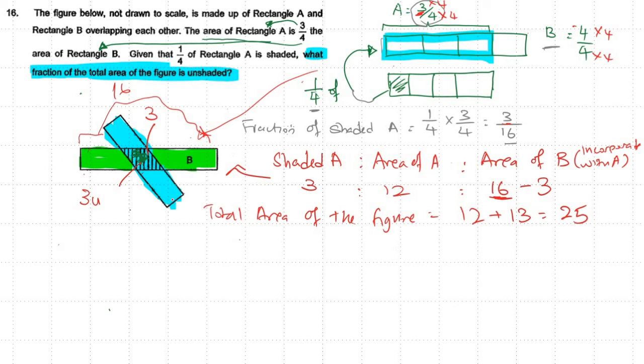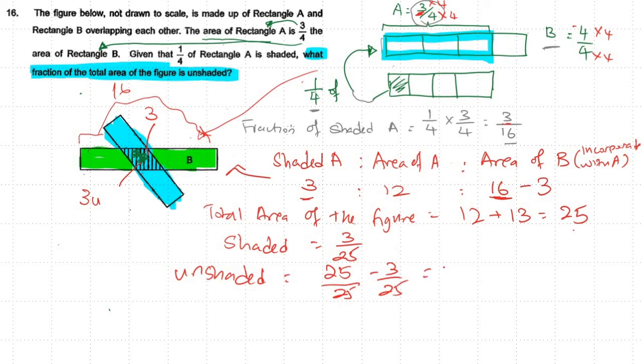Okay, this whole figure as one body is 25. So shaded is actually 3 over 25, because here is 3 and here is 25. Then unshaded will be 25 over 25 minus 3 over 25, and then give me 22 over 25.